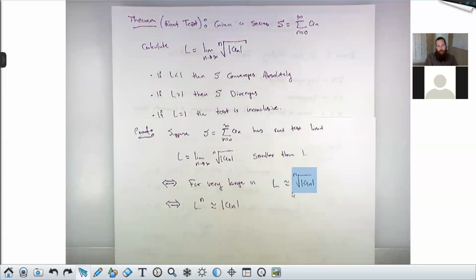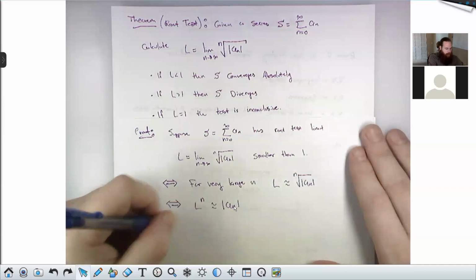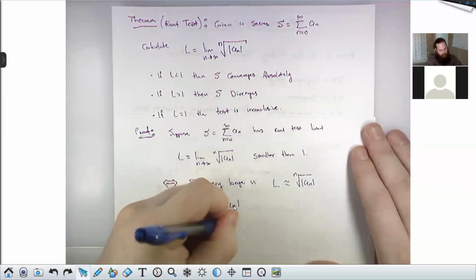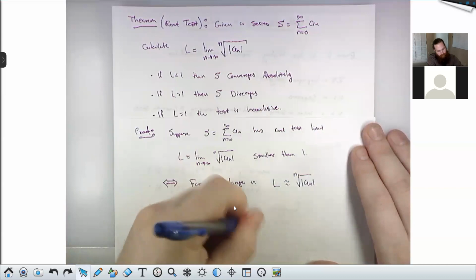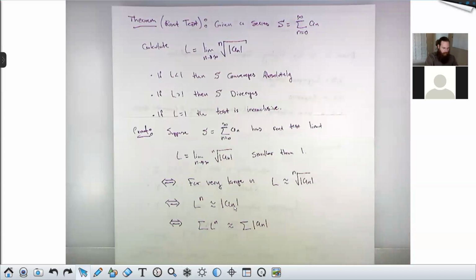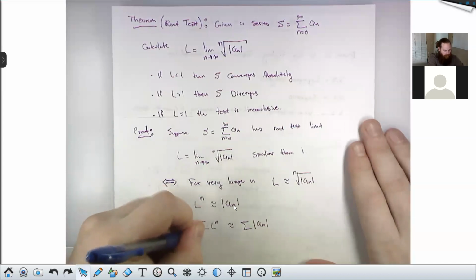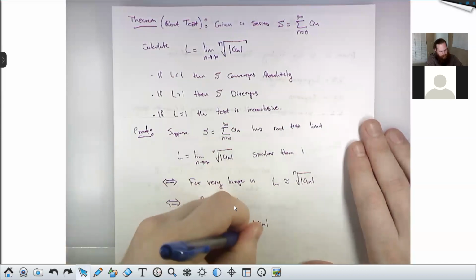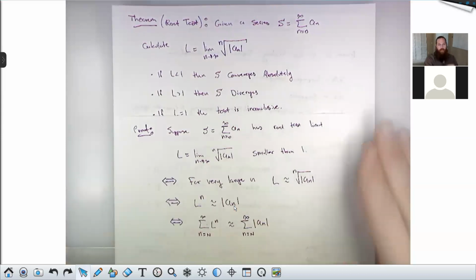The nth power of the nth root of a_n is just a_n, and the nth power of L is L to the n. So now if you sum those sums should be approximately equivalent. Or if you're being really careful, you would say n from capital N to infinity, right? Because we're talking about tails of series, just like we did when we talked about the limit comparison test.